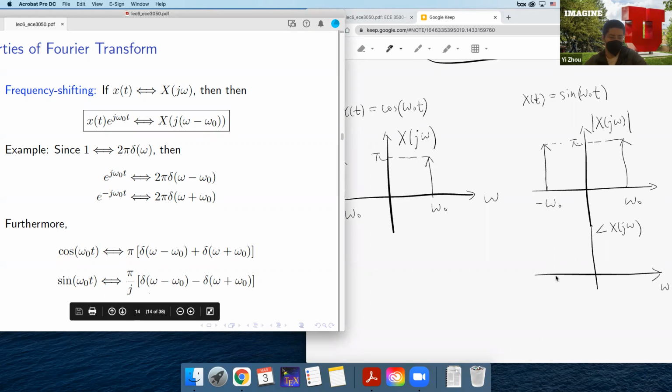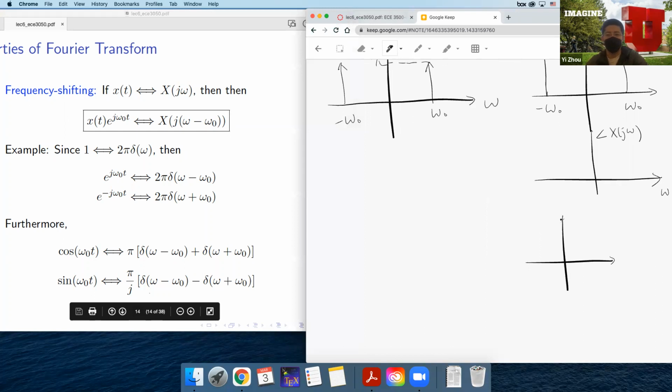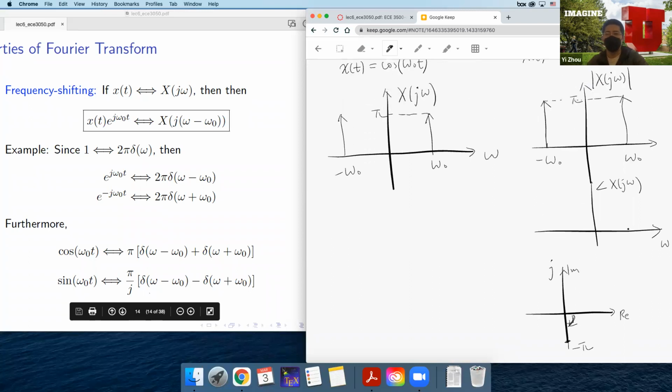Therefore, this complex number is negative j pi, so the phase here is negative pi over 2, it's negative 90 degrees. So which means at here, the phase is negative.